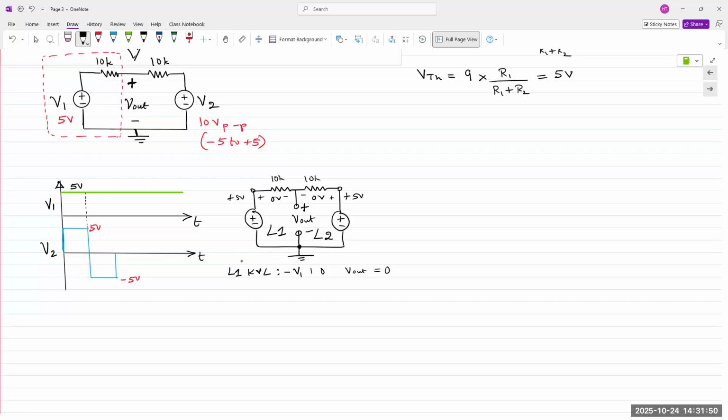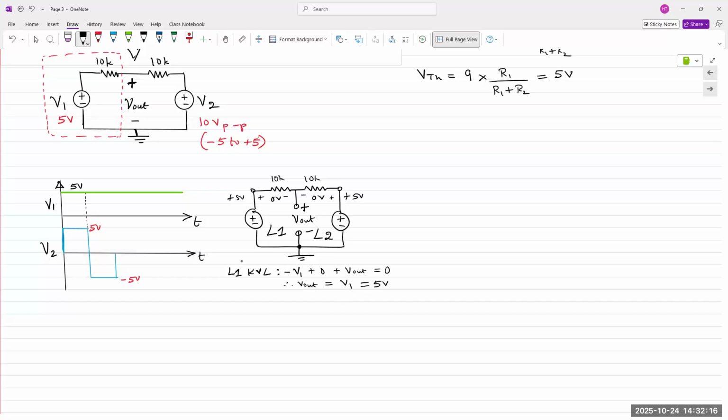So V1 minus 0 plus V out gives me 0 volts. Therefore, V out is equal to V1, which is equal to 5 volts. That's mathematical proof that my V out is at plus 5 volts.